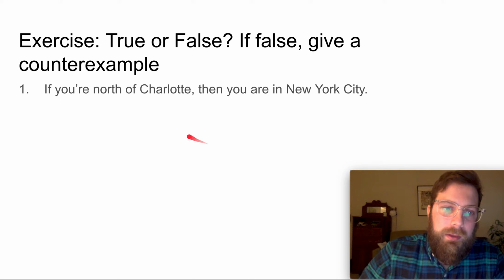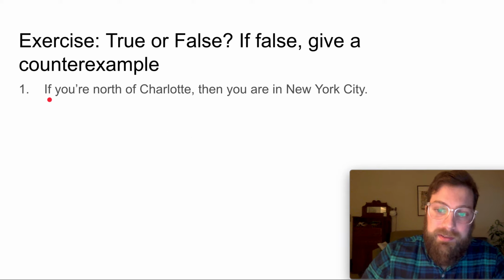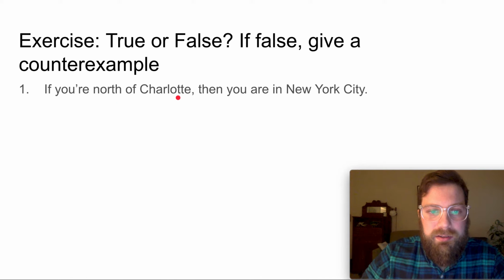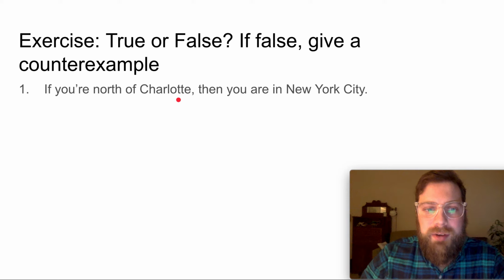Now, remember, if this is a true conditional, then it would be impossible to imagine the antecedent true and the consequent false, right? That basically, when you have a true antecedent, the consequent also has to be the case.